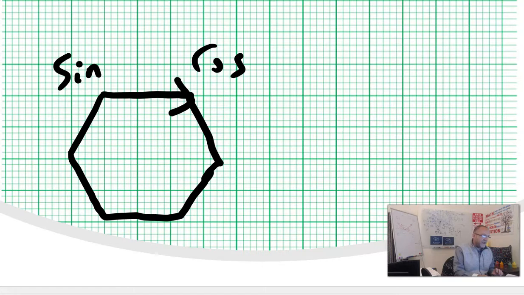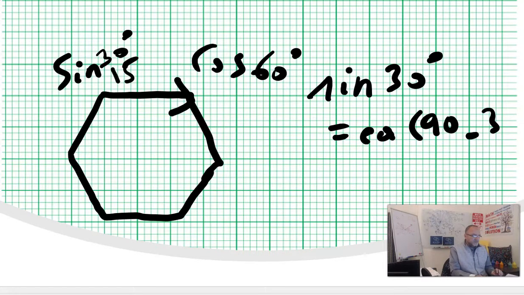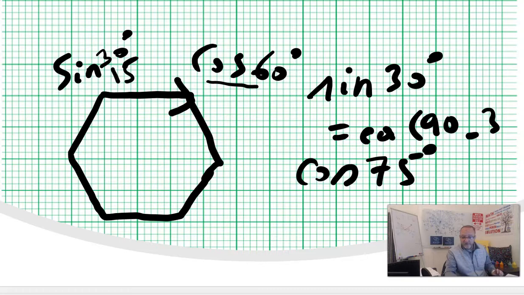So the sine of 30 degrees and the cosine of 60 degrees are going to be the same, because sine of 30 equals cosine of 90 minus 30. And same here, sine of 15 equals the cofunction, the complementary angle, cosine of 90 minus 15, which is the cosine of 75 degrees. So everything now should be linked in the back of your mind on how to approach these.